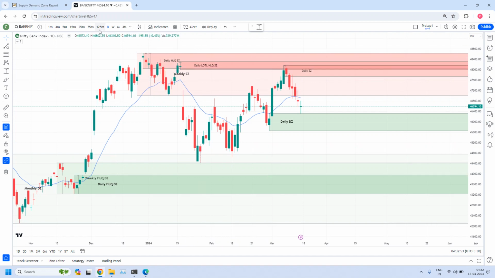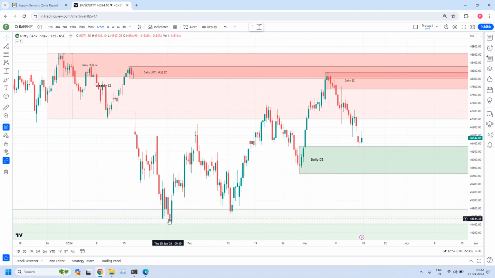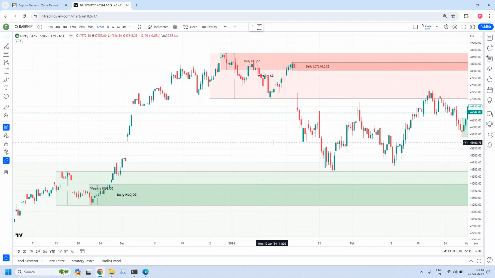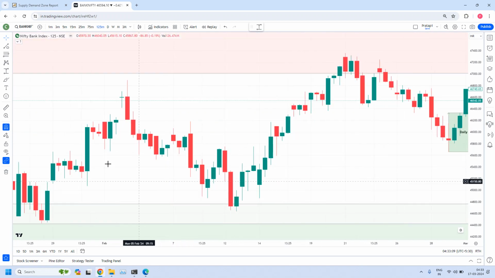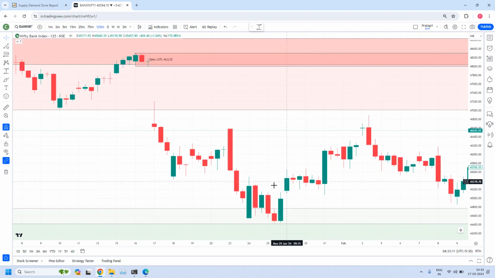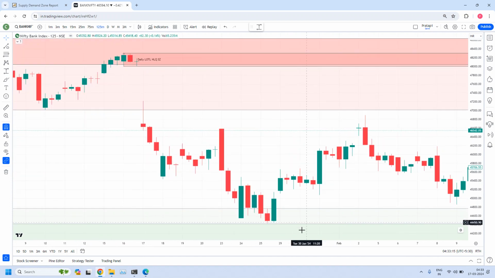So I have to change the time frame to 125 minutes. So this is the one, 25th January 9:15, and this is exactly having a zone confluence with the daily high liquidity demand zone, drop base rally.